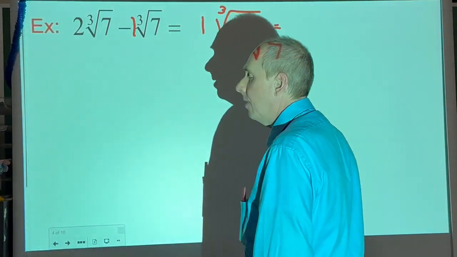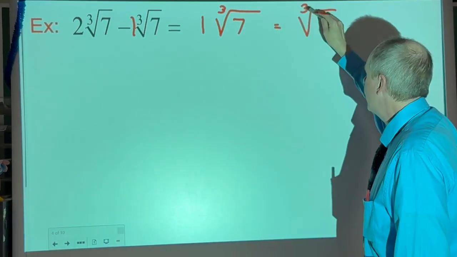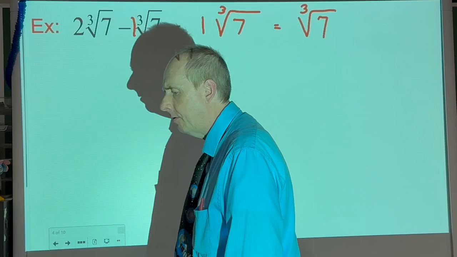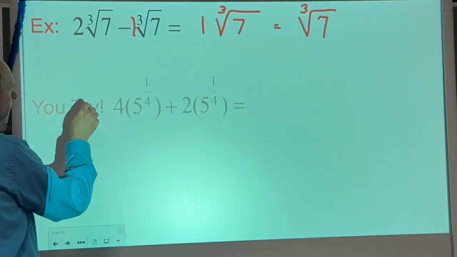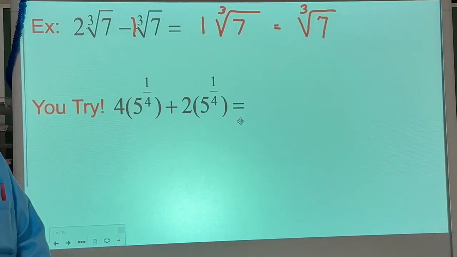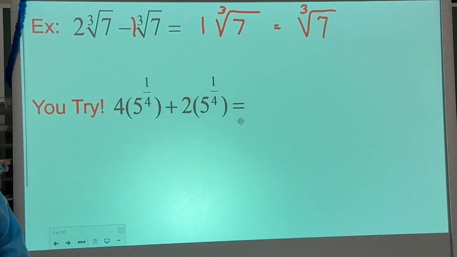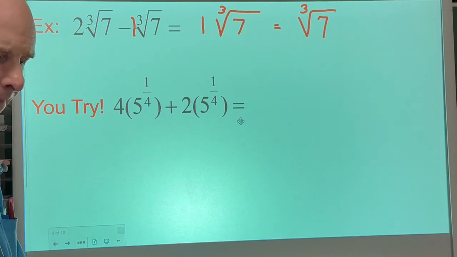But multiplying 1 times anything doesn't matter. We would leave it as the cube root of 7 for our final answer. How about you try? Not only does it work with radicals, but it works with the same exponent too. Hit pause, come back when you're ready.